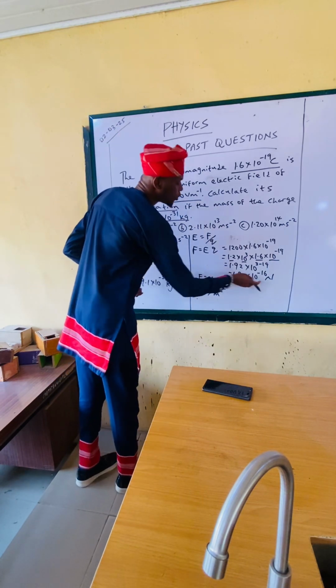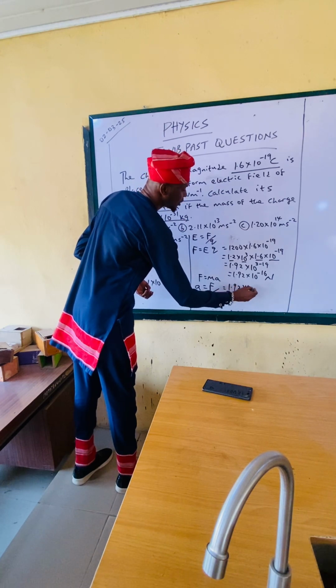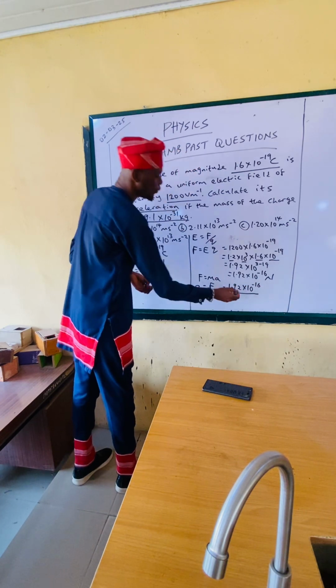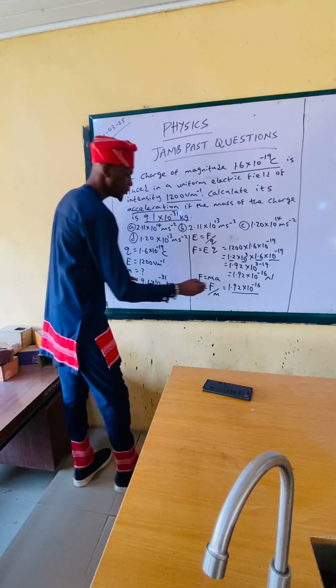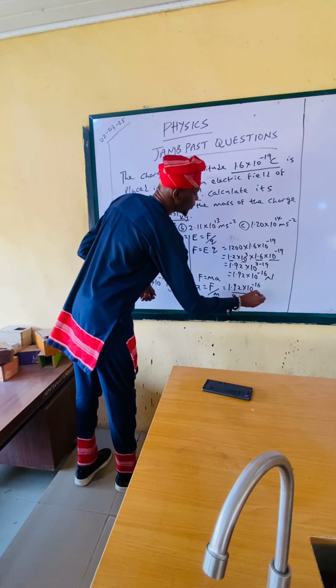Don't forget, we've calculated the electric force, which is 1.92 times 10 raised to minus 16, over the mass, 9.1 times 10 raised to minus 31.